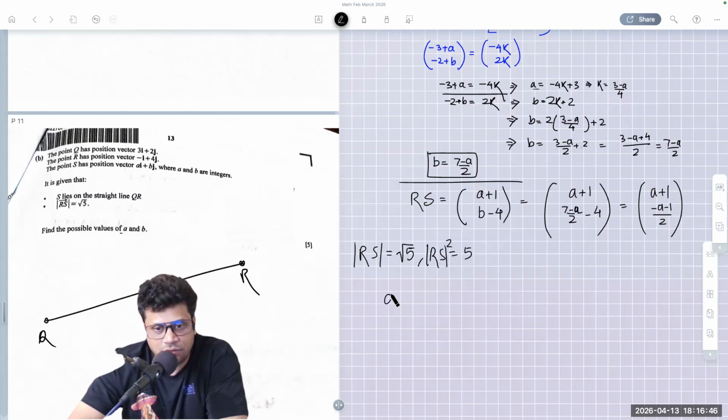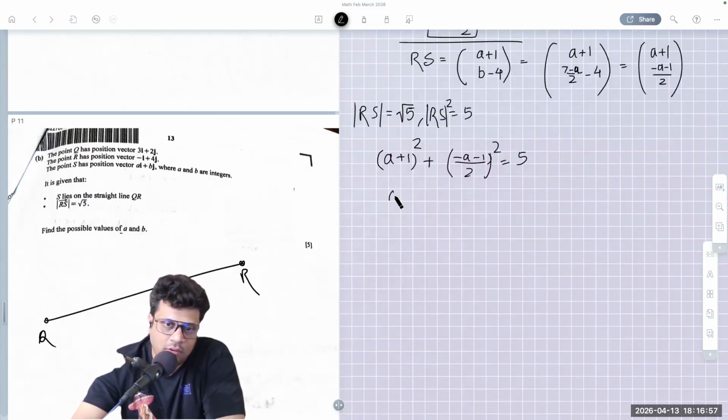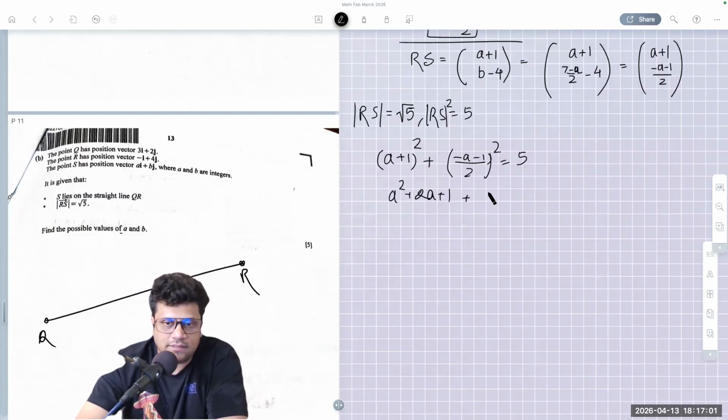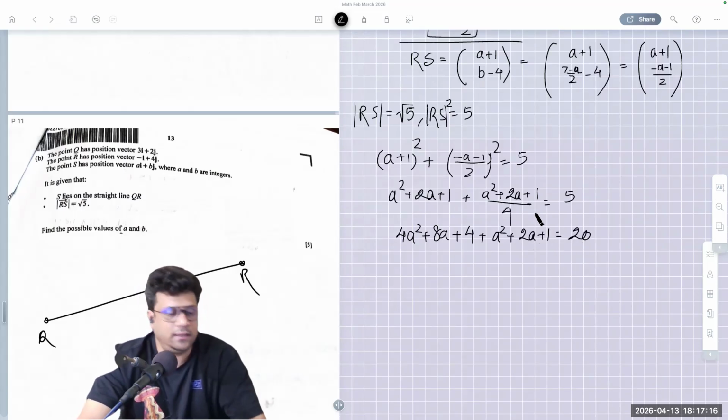This thing: (A plus 1) whole square plus ((-A minus 1) by 2) whole square should be 5. I'm going to solve for A now. So A square plus 2A plus 1 plus (A square plus 2A plus 1) divided by 4 is 5. So that's 4A square plus 8A plus 4 plus A square plus 2A plus 1 equals 20.